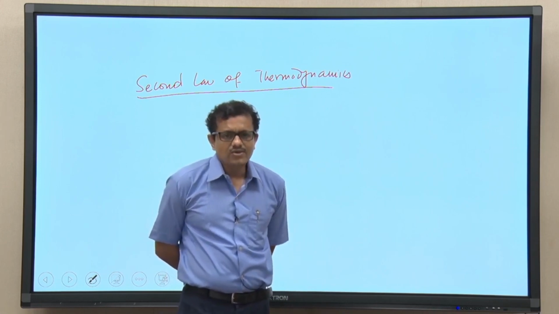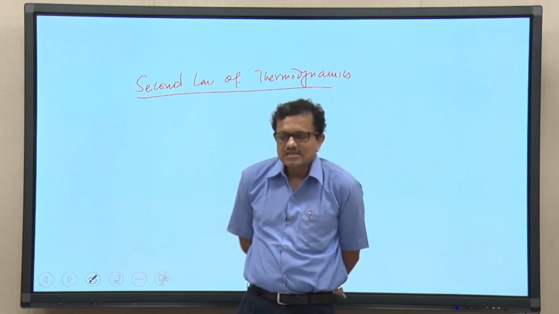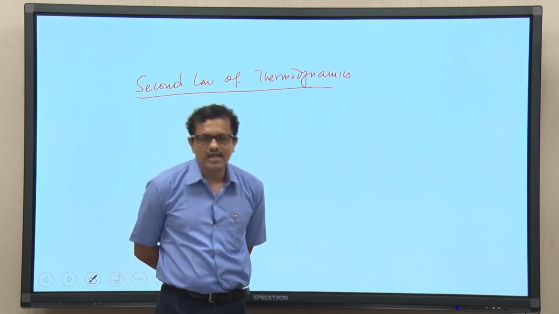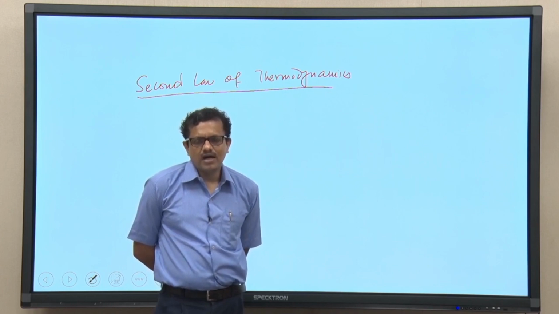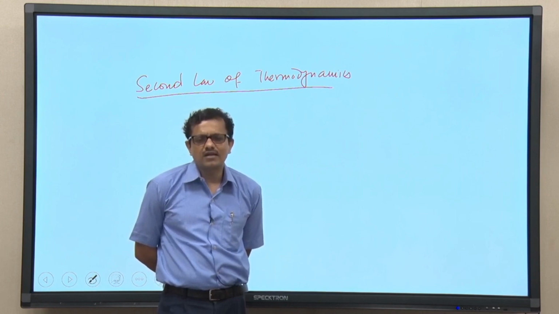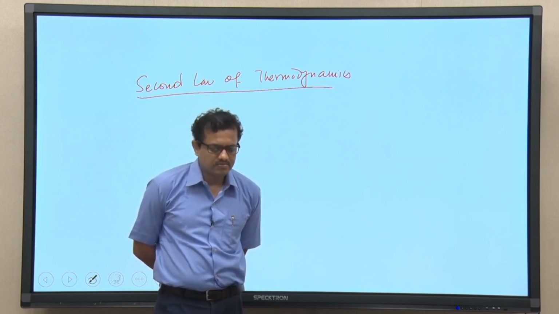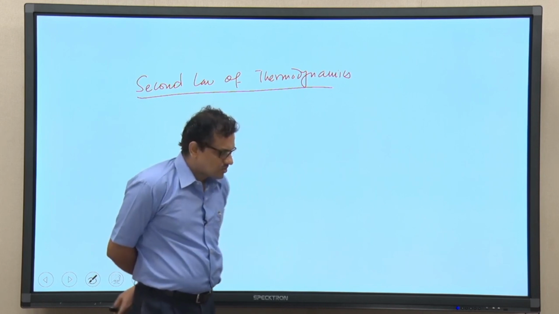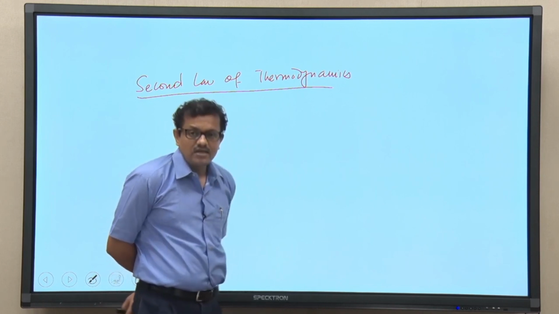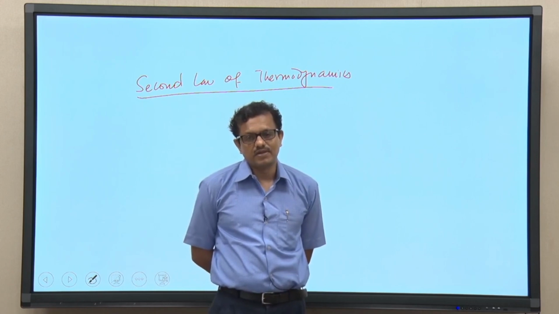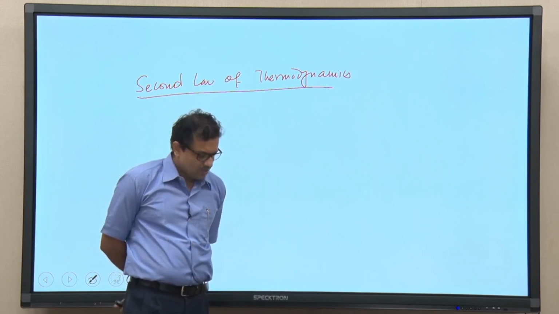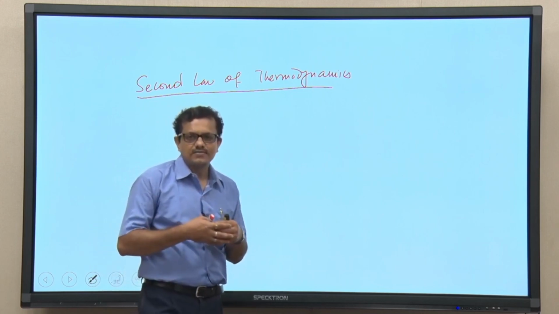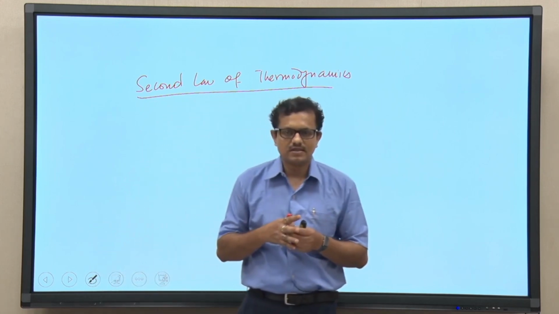Now, you know the statements of the second law, like the Kelvin-Planck statement or the Clausius statement. I would like to recap those, but you have learned all of them and you can get them from any classical book. So you know what the Kelvin-Planck statement and the Clausius statement are. Basically, it is the concept of heat engine and heat pump or refrigerator.